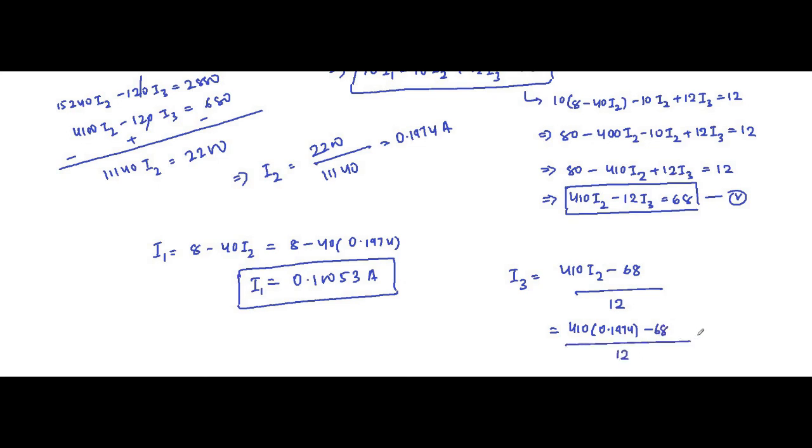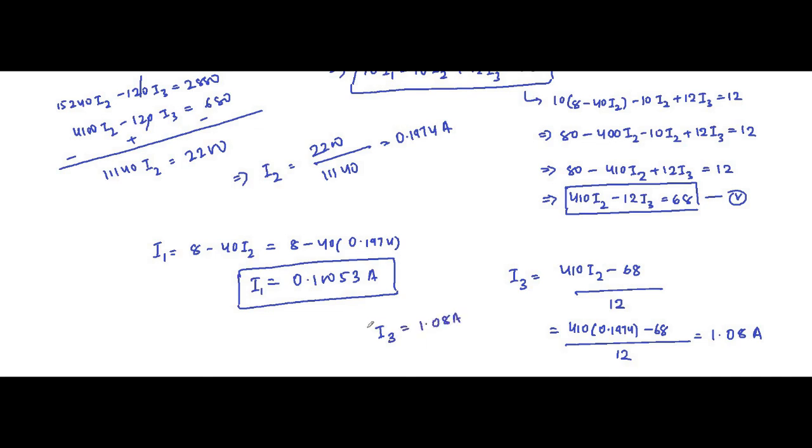Let us calculate it. It is coming around 1.079, rounding it off, 1.08 ampere. I3 is equal to 1.08 ampere.